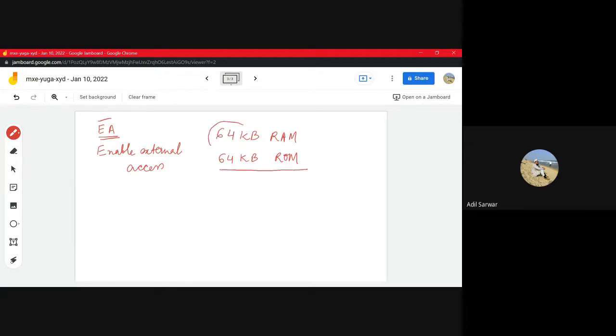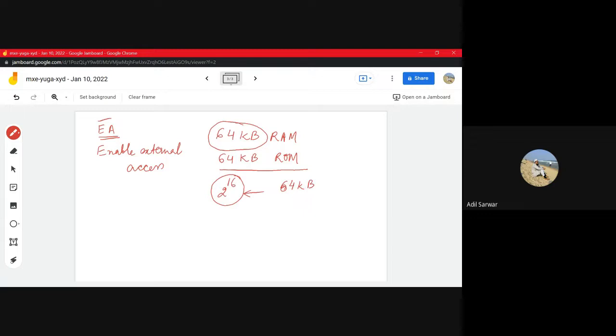How did I arrive at this number? Because the size of the address bus is 16 bits, 2 to the power 16 addresses can be identified. 2 to the power 16 is nothing but 64 KB.